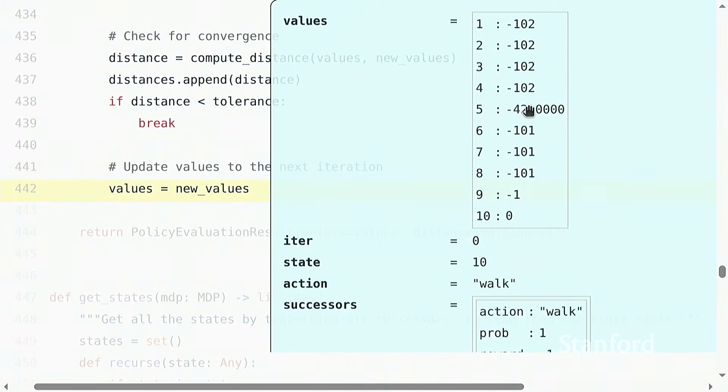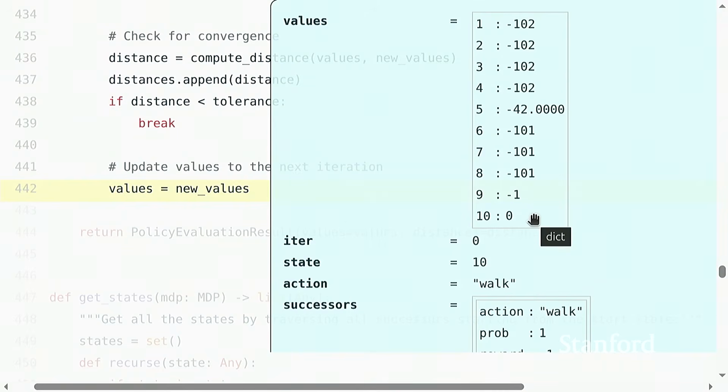And then there's also a 40% chance that you end up in the same state. Remember what the value was before? It was minus 100. So it's minus 100 times 0.4 plus 0.6 times minus 2. I think that gives you the right answer.